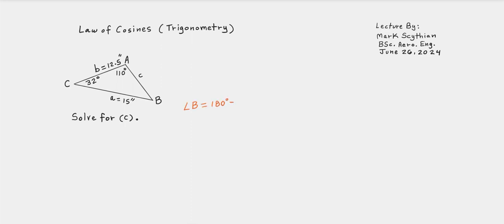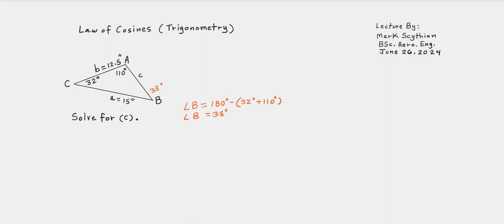But prior to starting any of these trig problems, find out if there's additional information you can solve for based on the information presented. So we actually can solve for angle B because all triangles, regardless if they are equilateral, isosceles, scalene, or right triangles, always have 180 degrees.